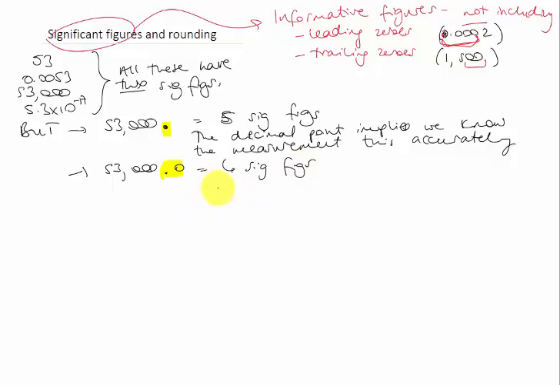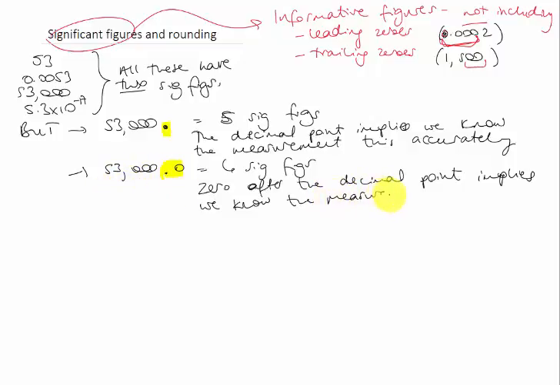And what that means is that a 0 after the decimal point like that similarly implies that we really know the measurement this accurately. So it's 53,000.0, not 53,000.1 or something like that. So those are the rules there.